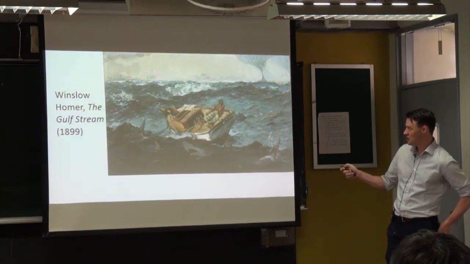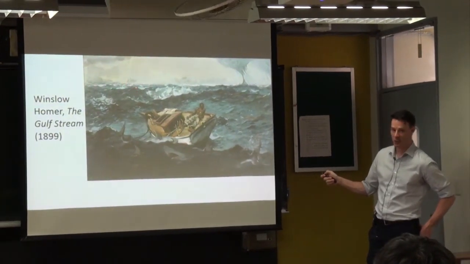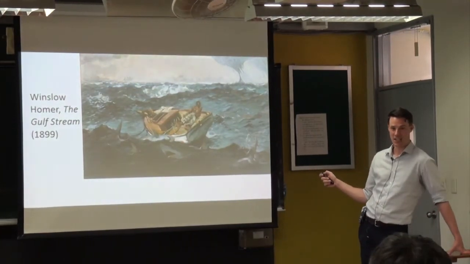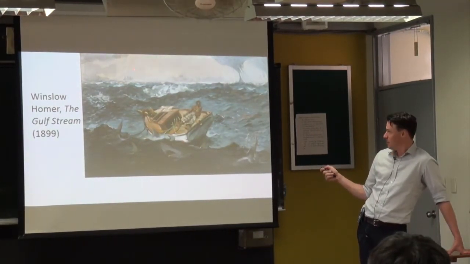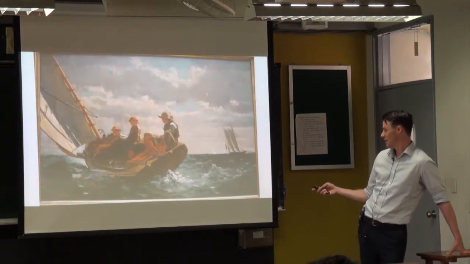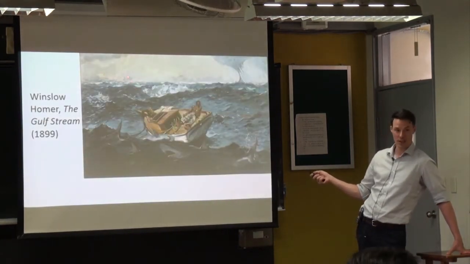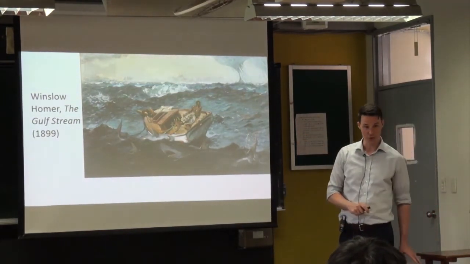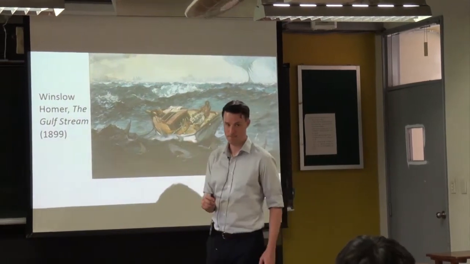There is a ship way back in the distance which does suggest some safety or stasis, but notice how far away it is compared to this one, right? It's way farther away. It's also much cloudier. There's no blue sky, right?